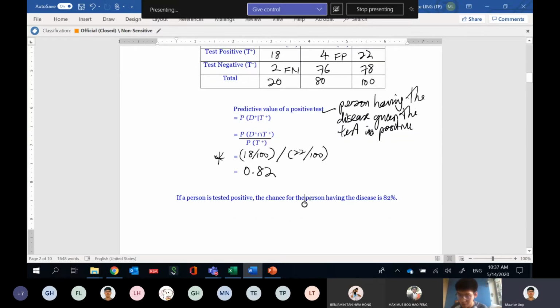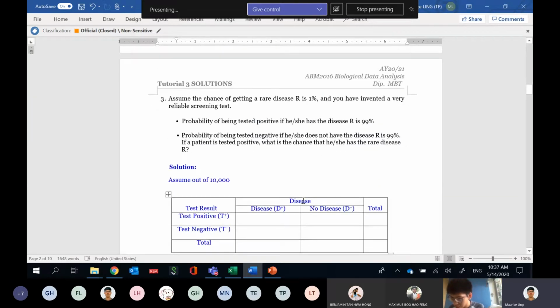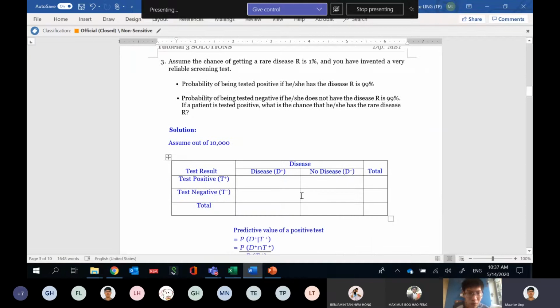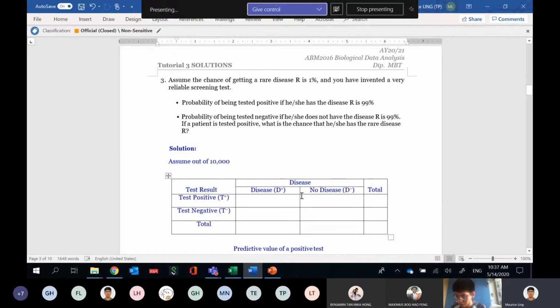Okay, now we do question 3. So now assuming that a rare disease is only 1% of population, and you have found a reliable test. The probability of testing positive if the person has the disease is 99%.